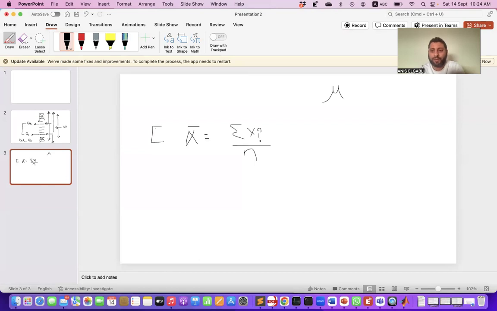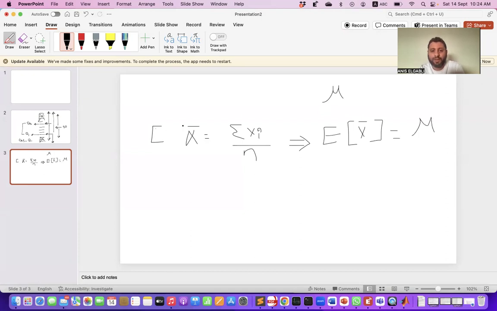In this sample, we have a number of elements or records. Then we computed the mean. You remember we said the expected value of x bar is equal to mu. This is an unbiased estimate of the actual mean, or the expected value of the random variable. So we said E of x bar, the expected value of this, is equal to mu.